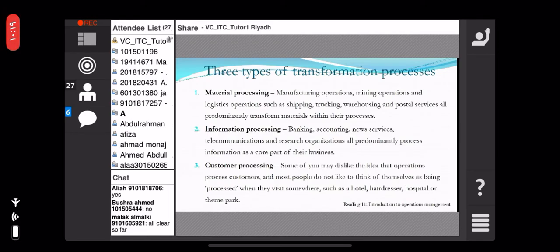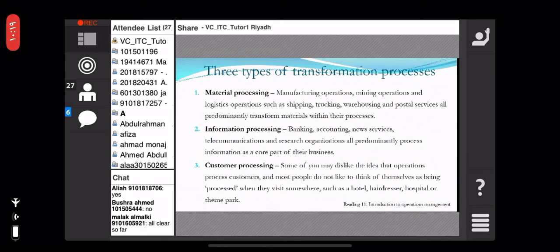Almost all transformation processes are in terms of services or production. So there are three types of transformation process, how they are transferring, or what are the steps that are transformed from one form to another form. Number one is processing with the material, let's say with a raw material.